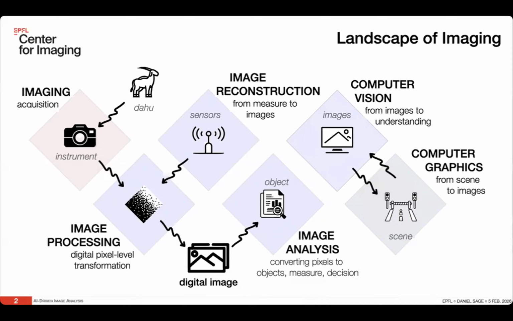And there is another discipline that we do not speak about today: computer graphics, the opposite of computer vision. We give a human description of a scene and we convert it to an image. So that gives a bit of the landscape of imaging. What we talk about today is image processing, image analysis, and computer vision.